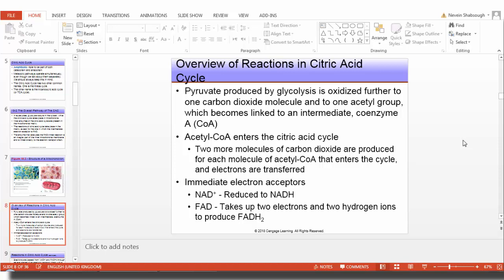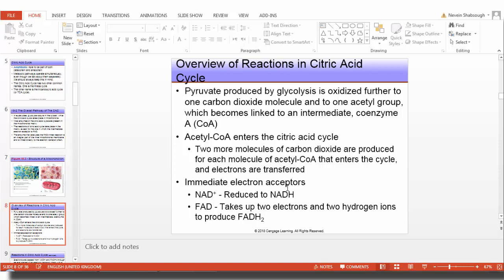Now, at the beginning, pyruvate is oxidized to one carbon dioxide molecule and one acetyl group, and then this becomes linked to an intermediate coenzyme A. Now then the acetyl-CoA enters into the cycle, where two more molecules of carbon dioxide are produced for each molecule of acetyl-CoA that enters into the cycle, and electrons are transferred.